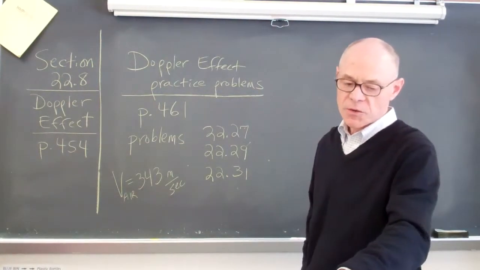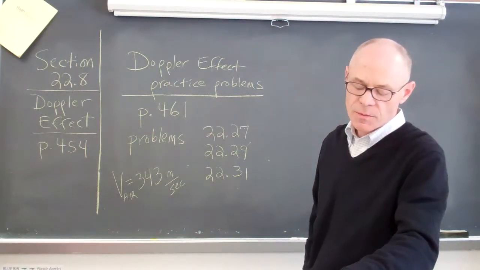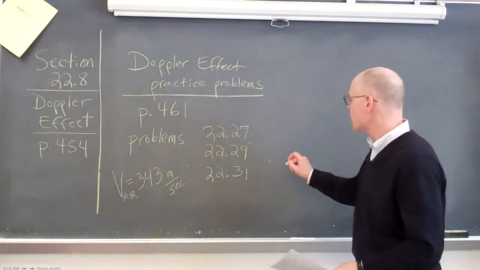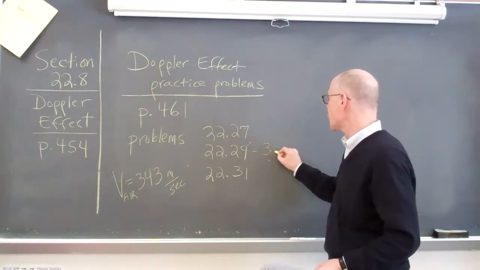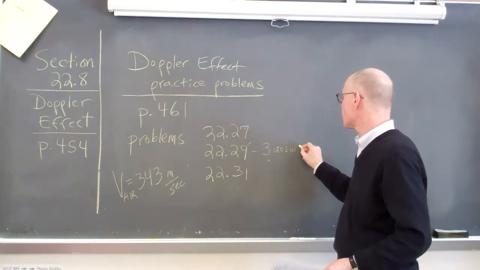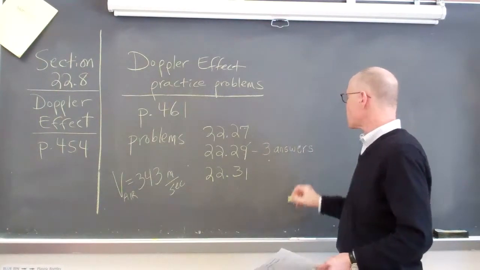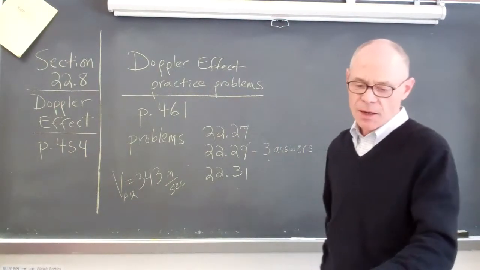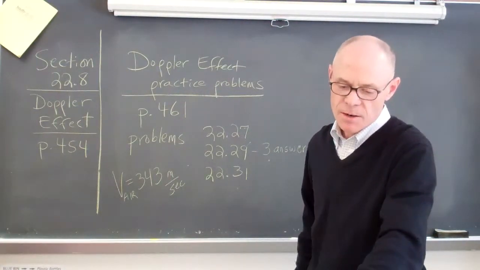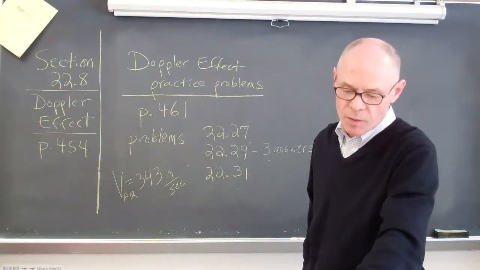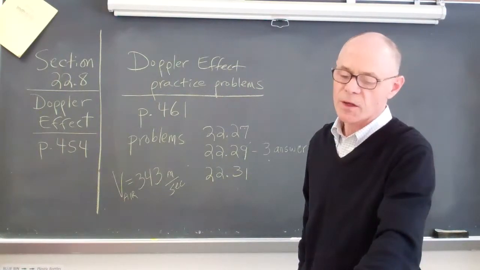Another note is you'll notice on problem 29, you're given 3 answers. You really only need to calculate 2 answers there, in the approaching situation and the moving away.